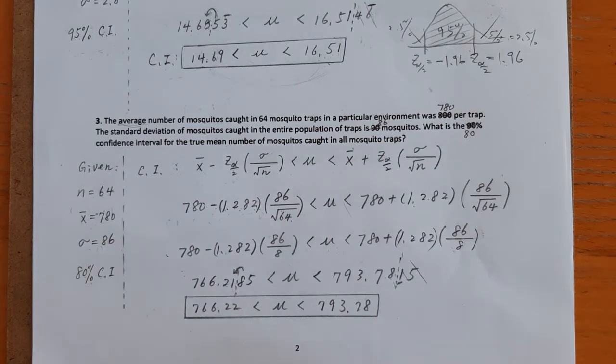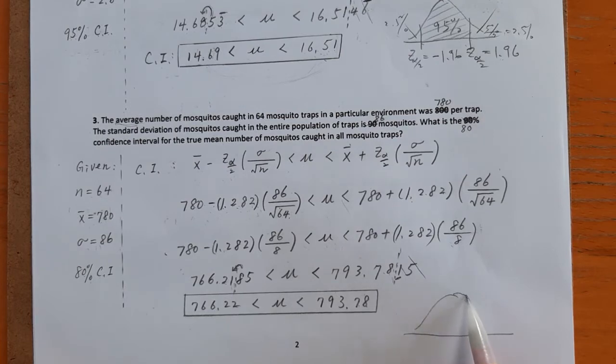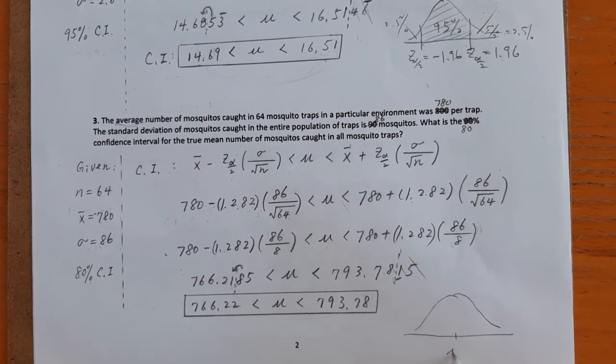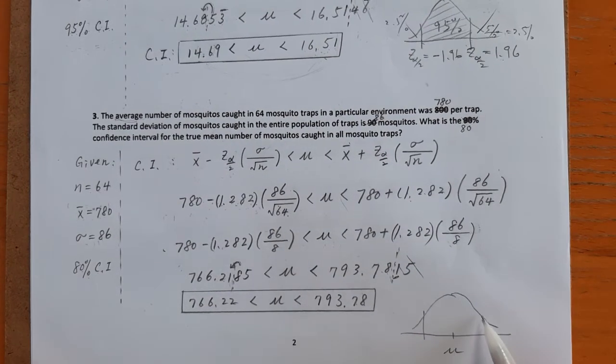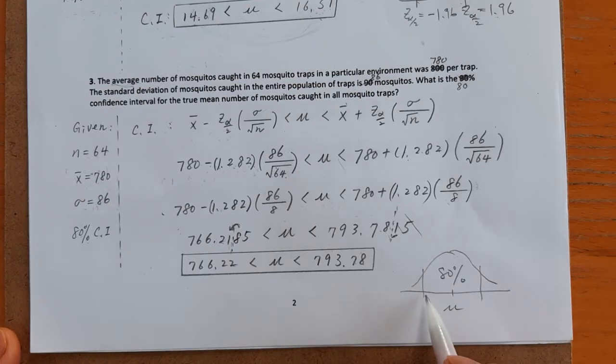So that means the true population mean will fall, with 80% confidence, between 766.22 mosquitoes per trap and 793.78 mosquitoes per trap.